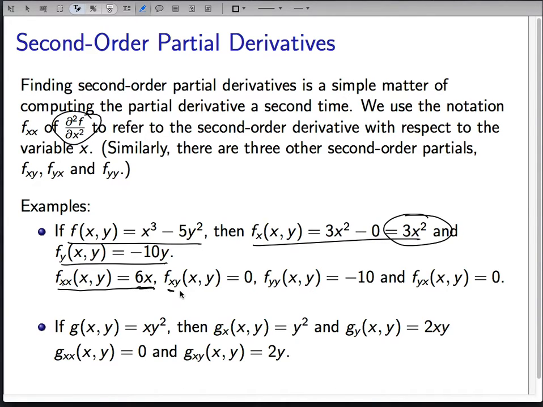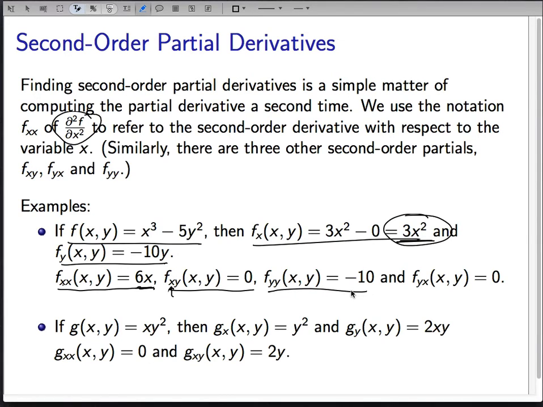If instead I take the partial derivative with respect to x, so that inside variable is what we're taking a derivative of first, and then take a derivative with respect to y, if I go back and look, derivative with respect to y, that 3x squared is treated like a constant. There are no y's there. So I just get 0 for a second order partial fxy.